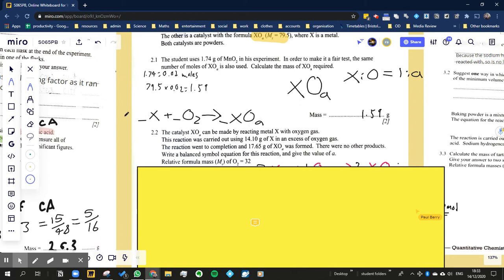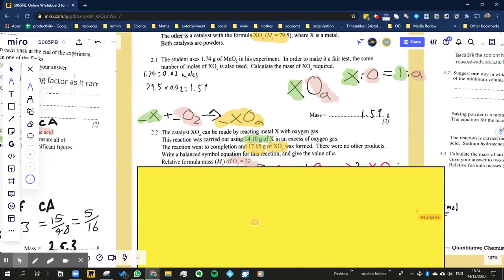But what we do have is the masses of some of these substances. Let's do some color coding so we can visualize this a bit better. We've got yellow for the XOA, pink for the oxygen, and green for the X. We know that we've got 14.1 grams of X in excess oxygen.